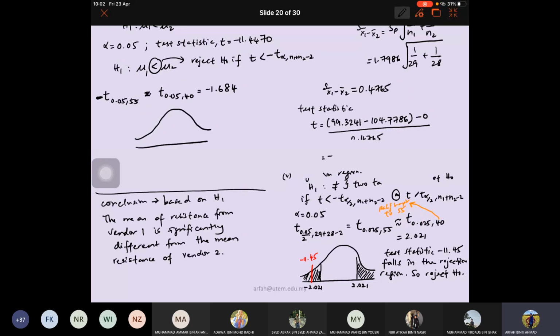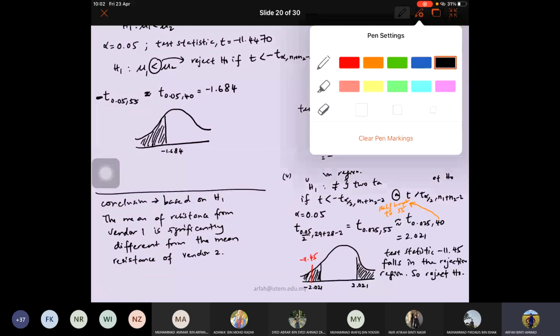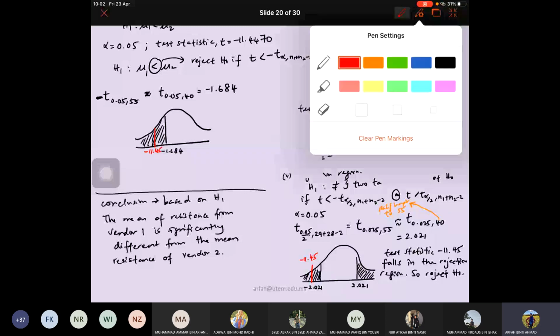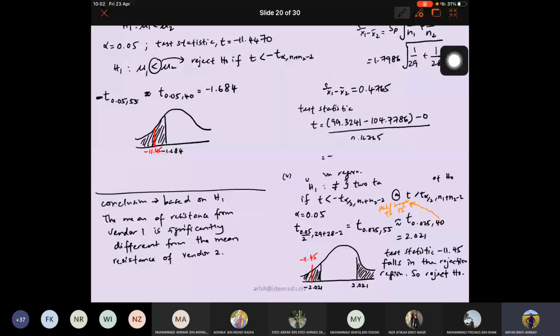Okay. So draw negative 1.684, it is here. Then negative 11.45 falls in the rejection region. Okay. So test statistic T equal to negative 11.45 falls in the rejection region.